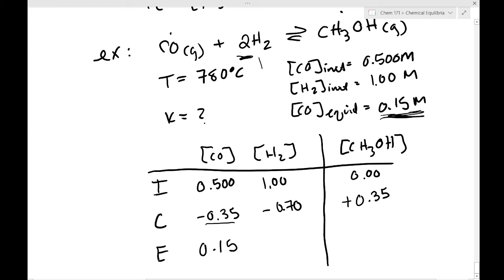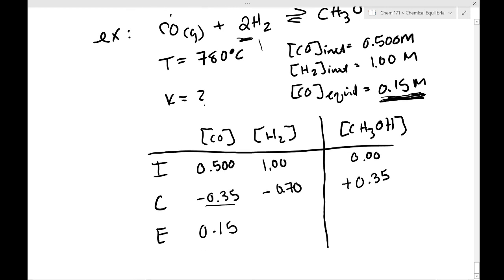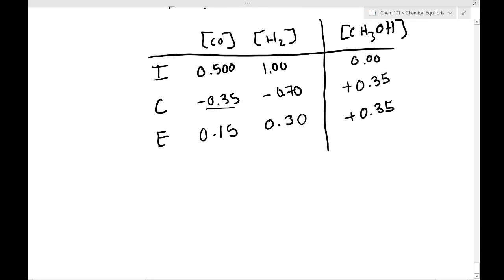This agrees with what we were given for the equilibrium concentration of carbon monoxide in the problem, so that's good. We can calculate the equilibrium concentration of hydrogen, and also the equilibrium concentration of methanol. Now that we know all of the equilibrium concentrations, we can plug them into Kc is equal to CH3OH divided by CO times H2 squared.